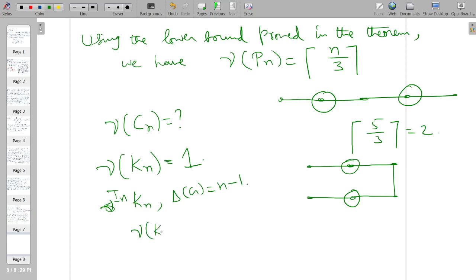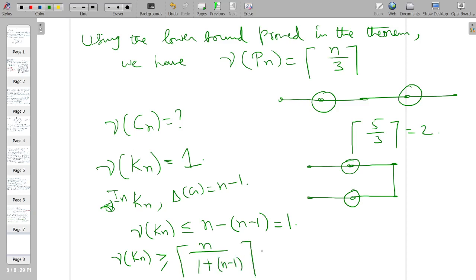So gamma of Kn is less than or equal to n minus delta, which is n minus (n minus 1), that is 1. And gamma of Kn is greater than or equal to the ceiling of n by 1 plus n minus 1, which is greater than or equal to 1, and these two give you gamma of Kn equal to 1. So for certain standard or well-known graphs, you can calculate the domination number using the bounds.